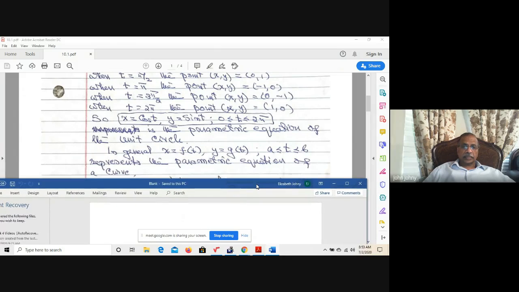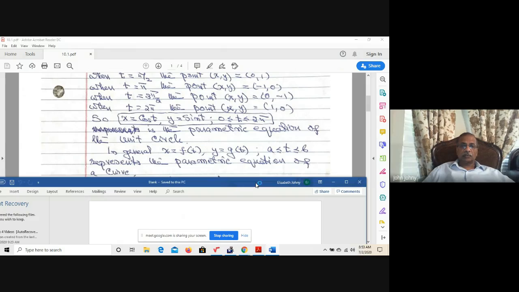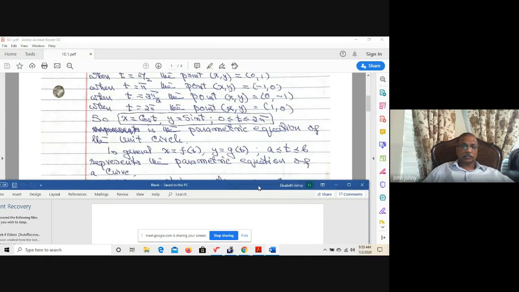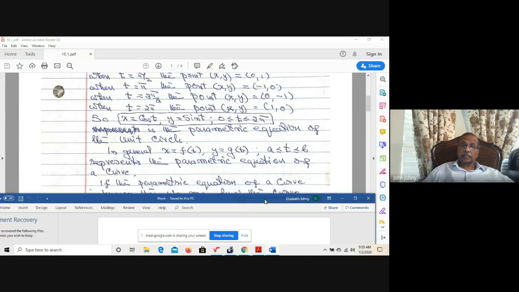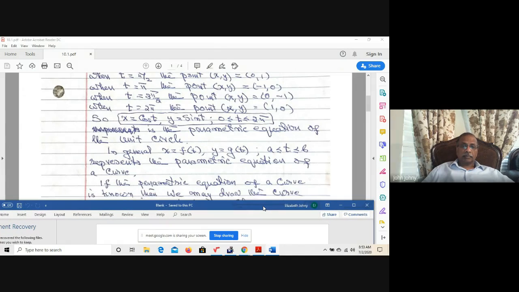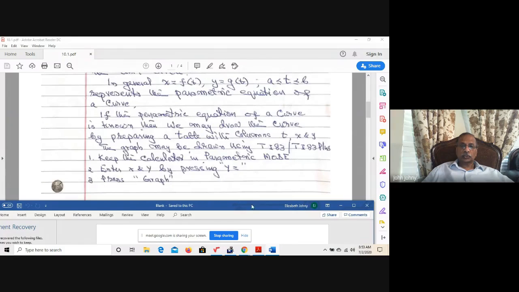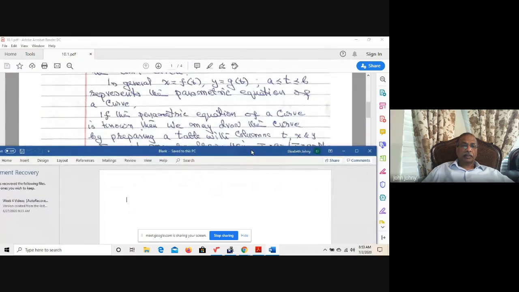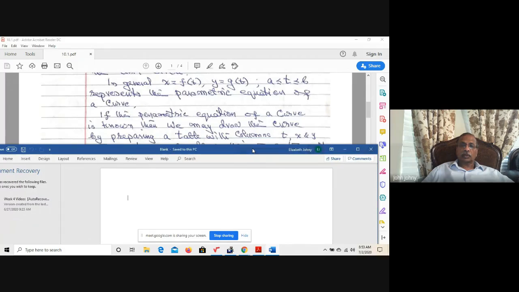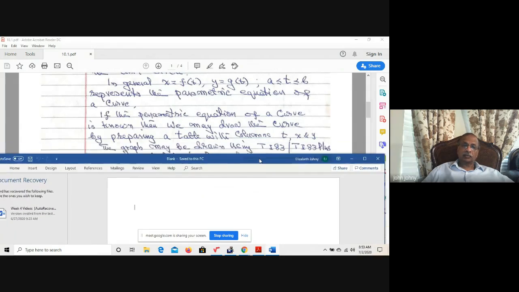In general, x is equal to f(t) and y is equal to g(t), where t lies between a and b, represents a parametric equation of a general curve. If the parametric equation of a curve is known, then we may draw the curve by preparing a table with the columns t, x, and y.